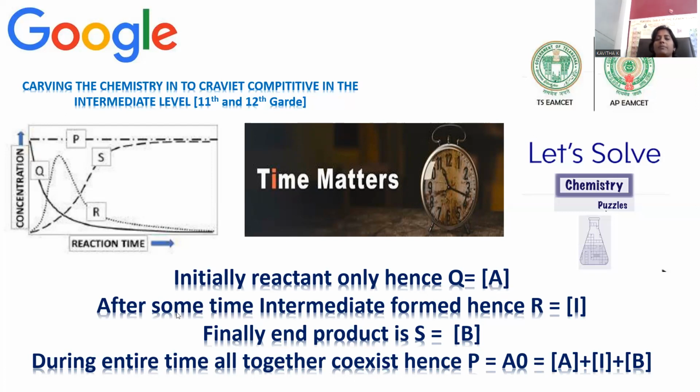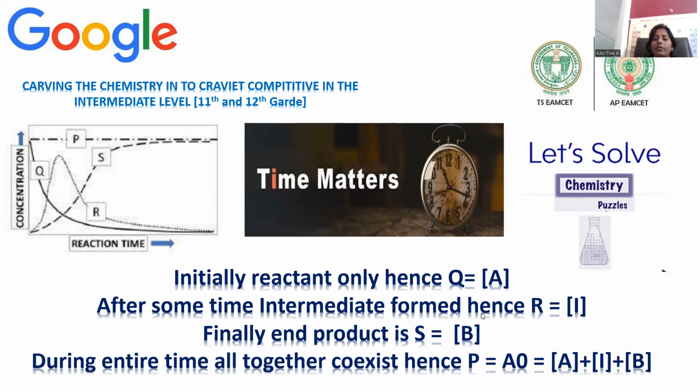After, for example, half an hour, a certain extent of reactant is converted into a new kind of product, which is called the intermediate. It is not the final product, but something in between. After a certain amount of time, the formation of intermediate is possible. After Q you can find R, and R means the intermediate concentration, right?